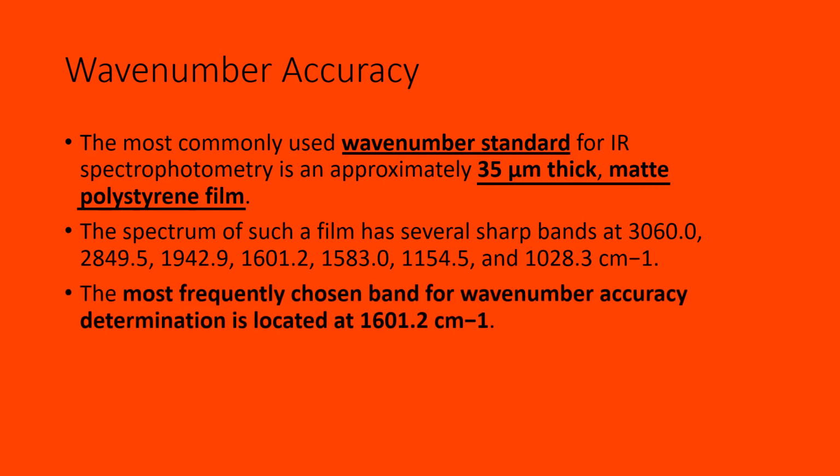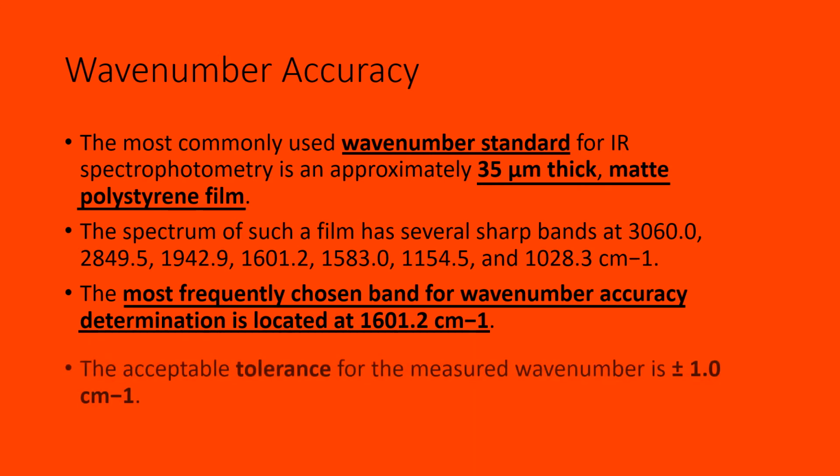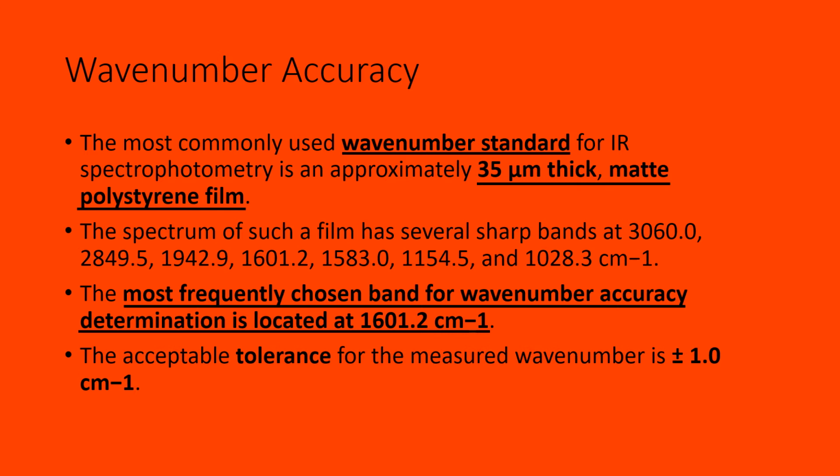The most frequently chosen band for wave number accuracy determination is located at 1601.2 cm⁻¹. The acceptable tolerance for the measured wave number is plus or minus 1 cm⁻¹.